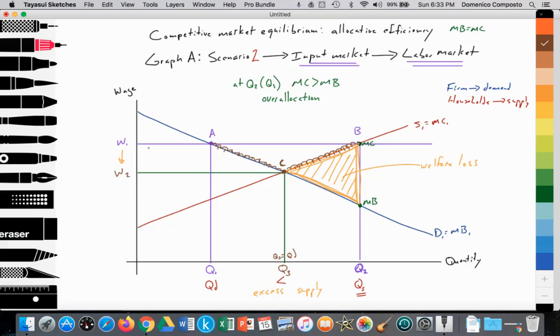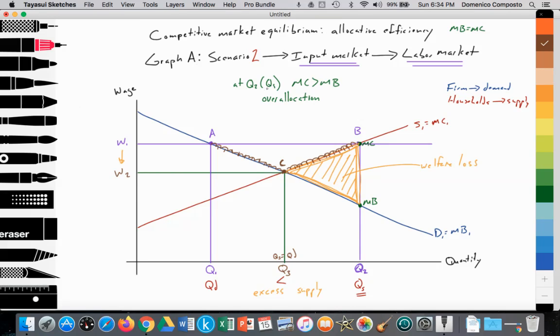At W1, the quantity of labor supplied by households is Q2, and the quantity demanded by firms is Q1. So the quantity supplied is greater than the quantity demanded, meaning there's excess supply. We also notice that at Q2, where the quantity of labor is being provided, the marginal cost is greater than the marginal benefit.